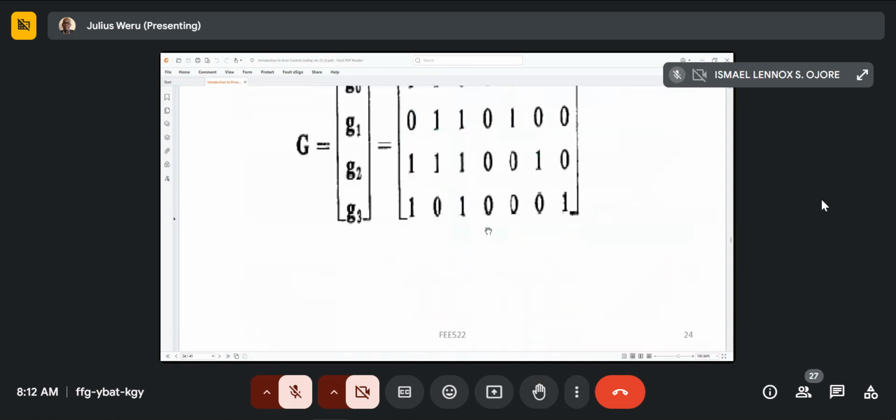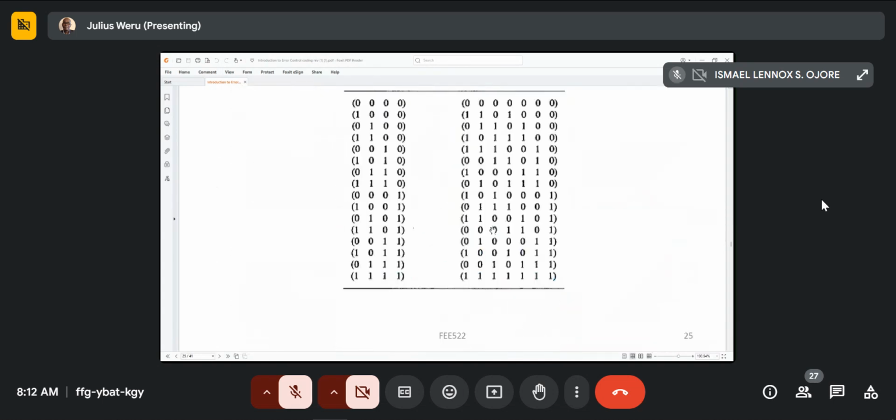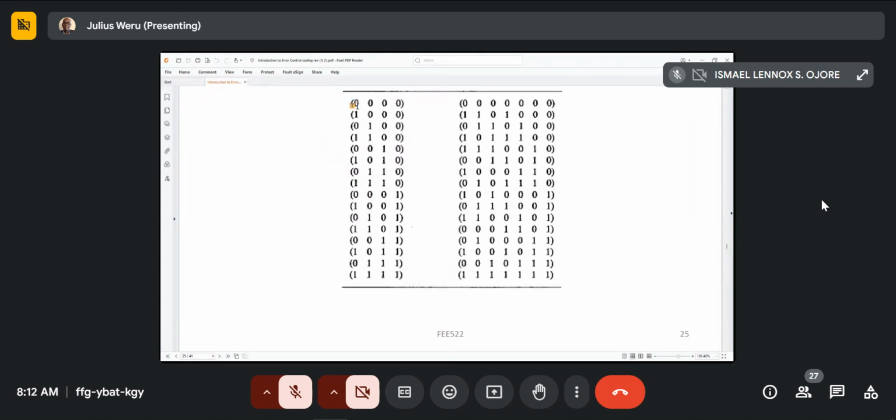And I think somebody asked me about validity. What we mean by valid code words is, if you have these k bits, a row vector of k bits, and then you multiply it with a k by n matrix.